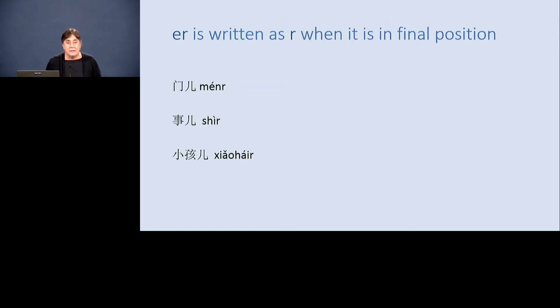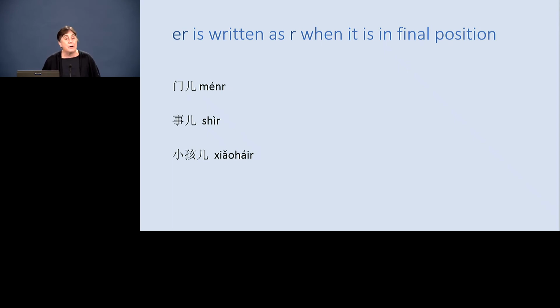Finally, we have this R sound. When it's in a final position, and it is very often in a final position, it is represented just by an R. So you'll hear mer, and this ER sound is often a diminutive, so little something. So here mer is a little gate. And the first part, men, is MEN.